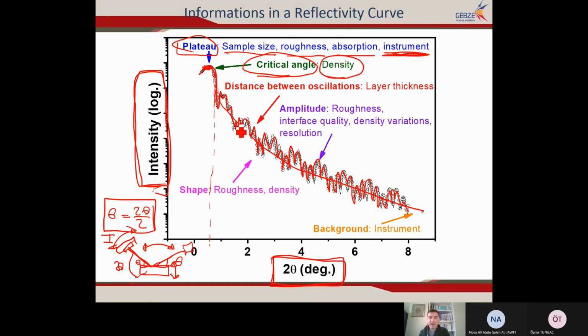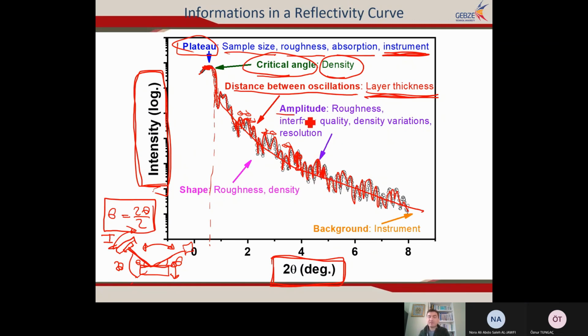And here we have oscillations, okay, and we have distance between the oscillations. So this distance between the oscillations gives us information about the layer thickness, film thickness. And here we have amplitude, okay, amplitude of the oscillations.